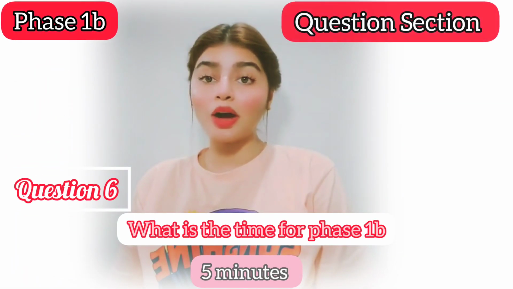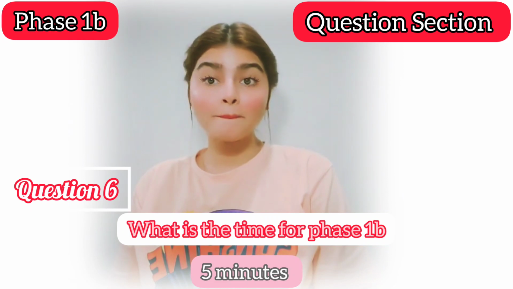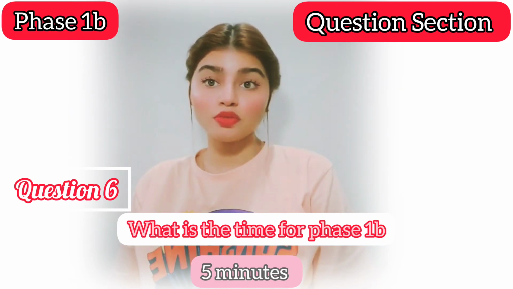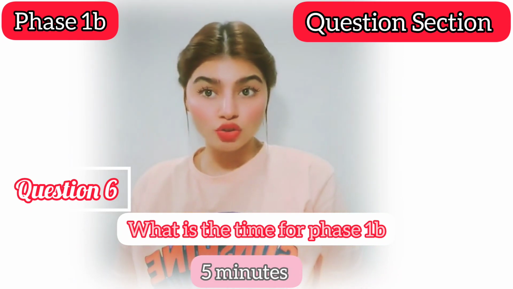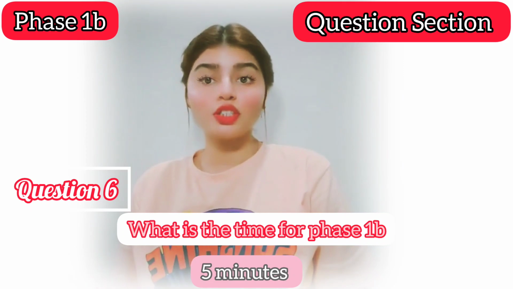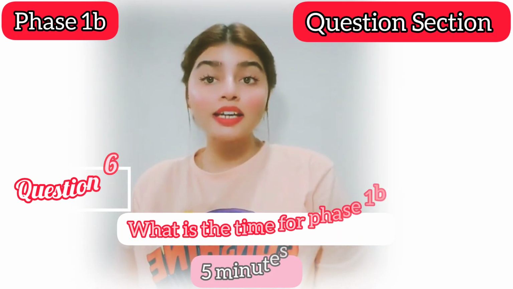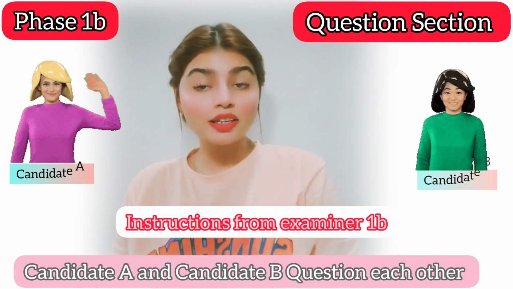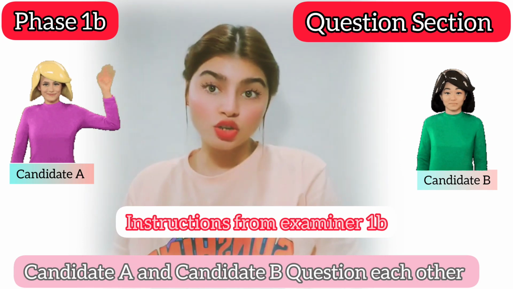Now, let's talk about Phase 1B. This section, I call the question section. The time for this section is 5 minutes. The examiner will ask candidate A and B to question each other.